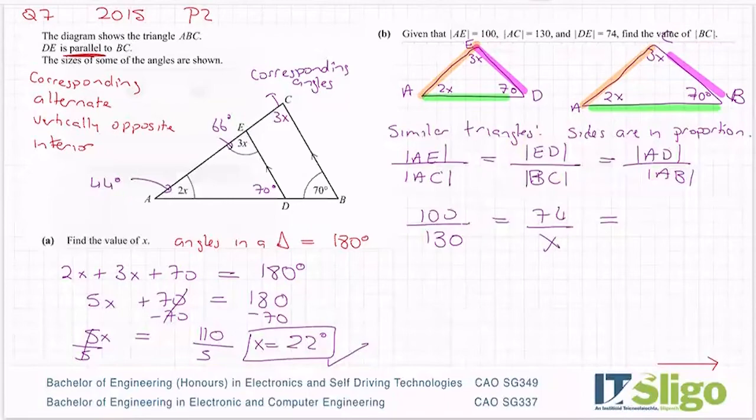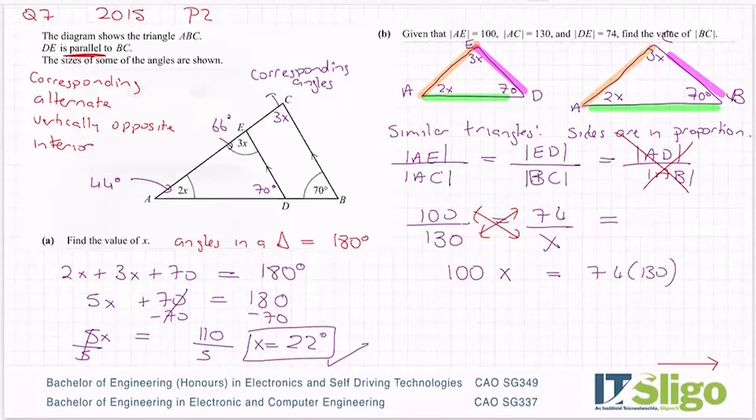This is the one that I don't need to use in this question for now, because I have no information about it. So just like we did on the last question, let's cross multiply. That means multiply this cross by each other, so 100 times x is equal to, let's multiply this cross by each other, 74 times 130.